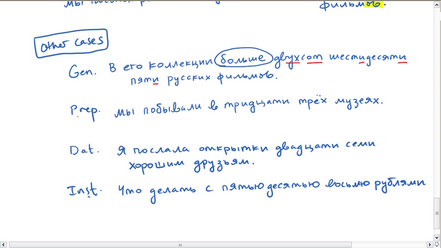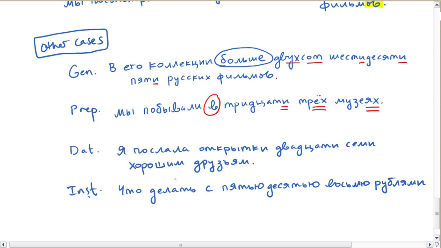Okay, so we have the prepositional case next. So мы побывали в 33 музеях. So we've got в, right? So we're inside. So prepositional, right? Now dative.